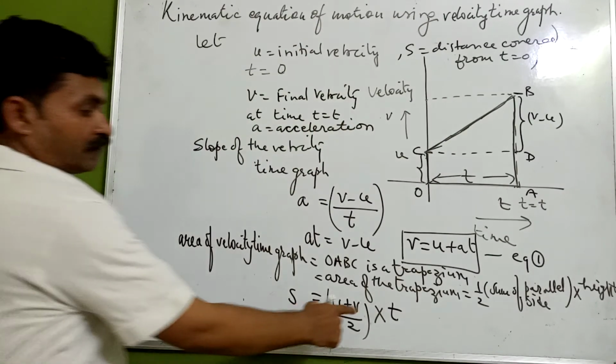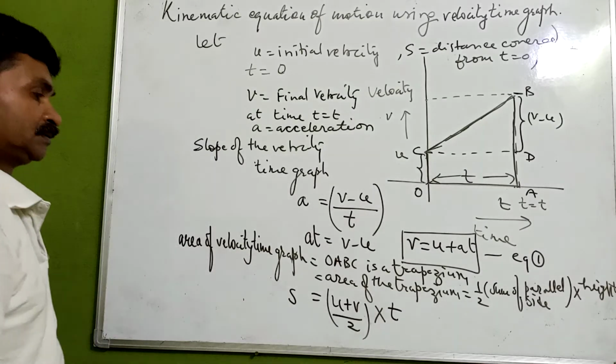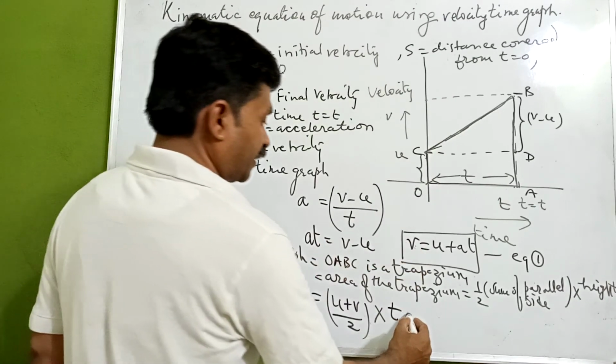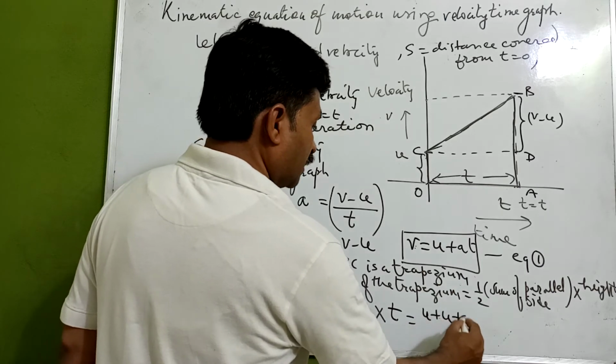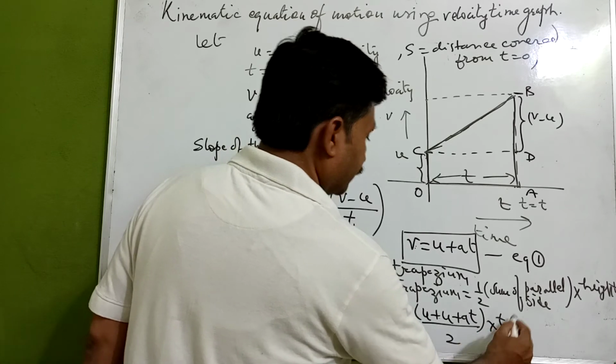So here we have s is equal to u plus v upon 2 into t. Now v is equal to u plus at, so we can substitute: u plus at upon 2, into time t.